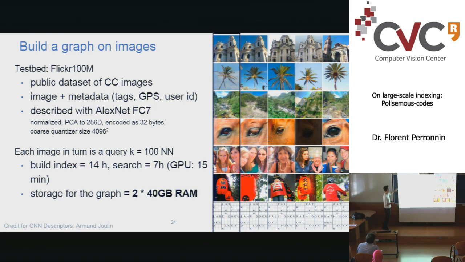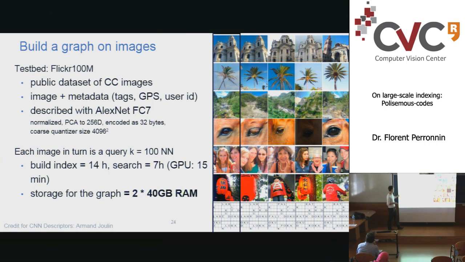And in our experiments we used as descriptors the output of the fully connected layer number 7 of an AlexNet architecture, which we subsequently normalize and reduce with a PCA to 256 dimensions.